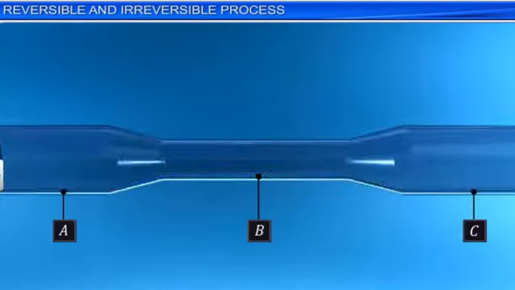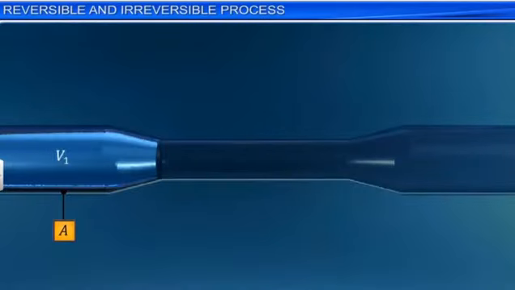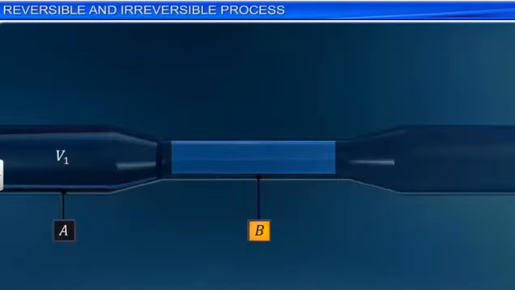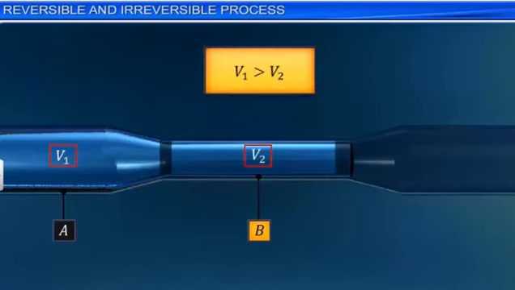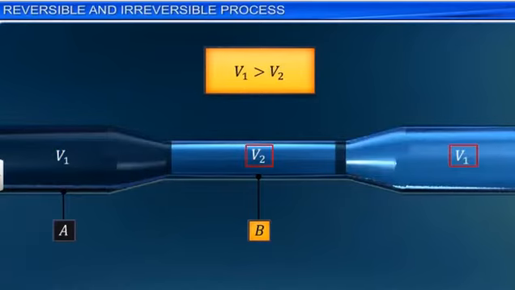When it moves from A to B, its speed increases, say, from V1 to V2. The process is reversed and the speed of the liquid decreases from V2 to V1 as it moves from B to C. Hence, the process is almost reversed.